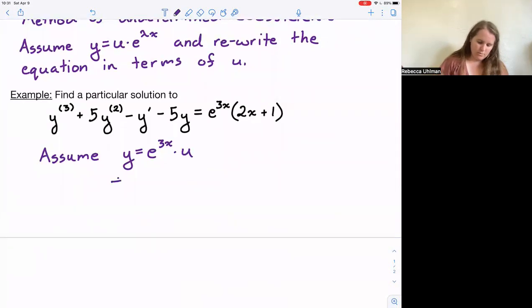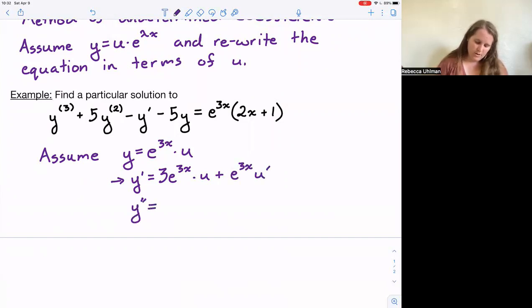Then y prime is 3 e to the 3x times u plus e to the 3x times u prime. And the second derivative of y would be 9 e to the 3x times u plus 6 e to the 3x times u prime plus e to the 3x times u double prime.